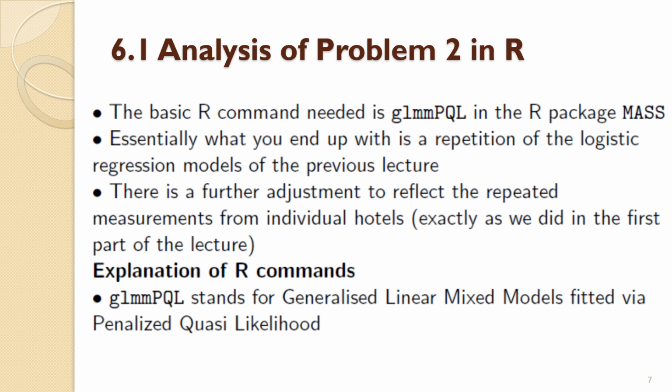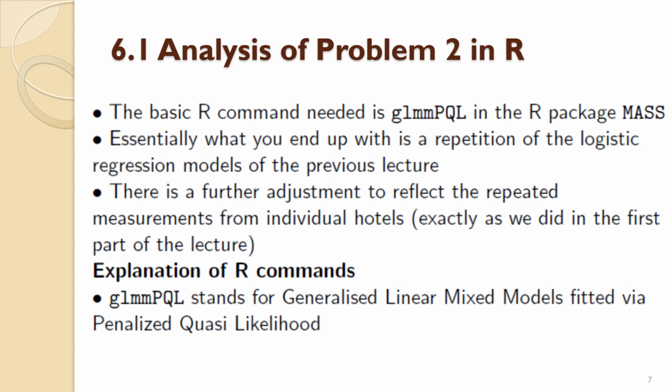So the structure of the data set is such that we've got some correlations caused by repeat measurements from the same hotel, and we need to make an adjustment for this using these generalized linear mixed models. Okay, and again, lots of the R commands here have a sort of mathematical and statistical backstory.